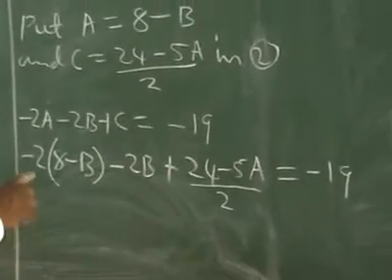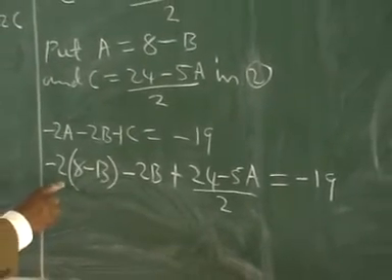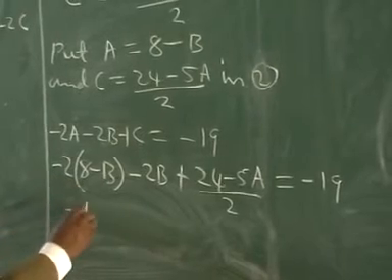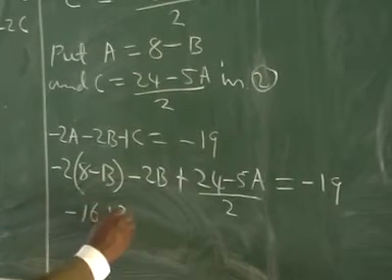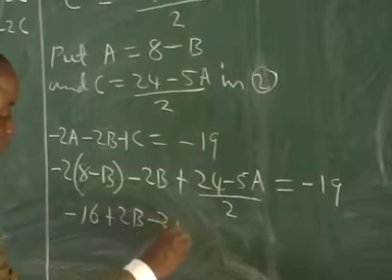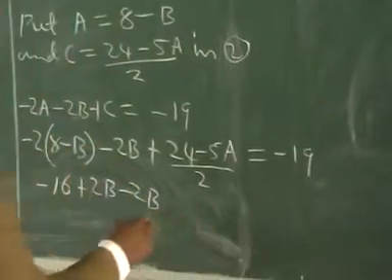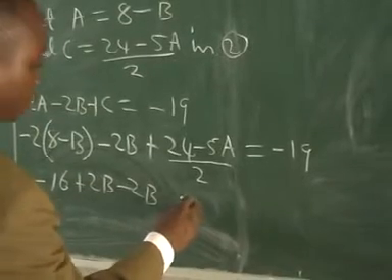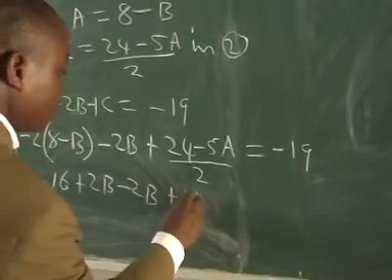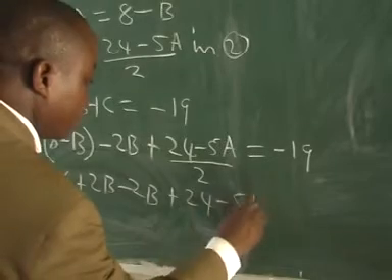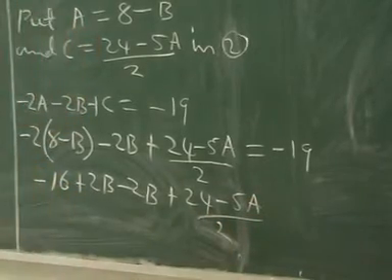Now that means what we have here this time gives us minus 16 plus 2b minus 2b. Then here we have plus 24 minus 5a all over 2.